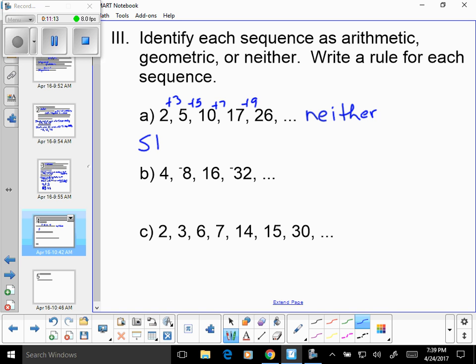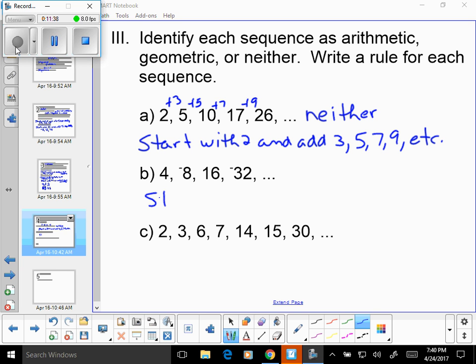So we will start with 2 and describe what they did: add 3, 5, 7, 9, etc. You look at letter B and see if you can figure it out.